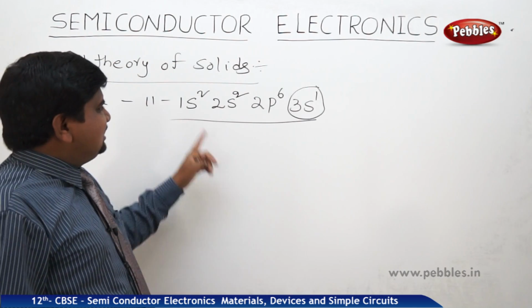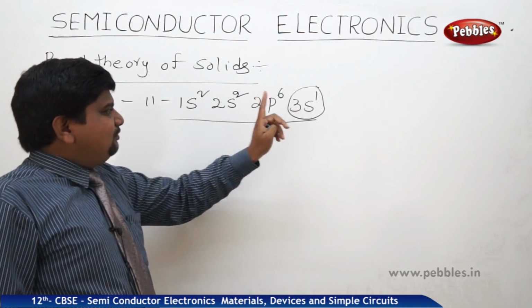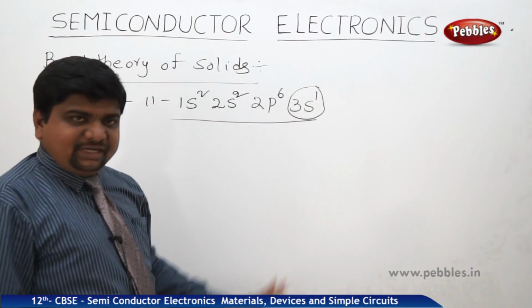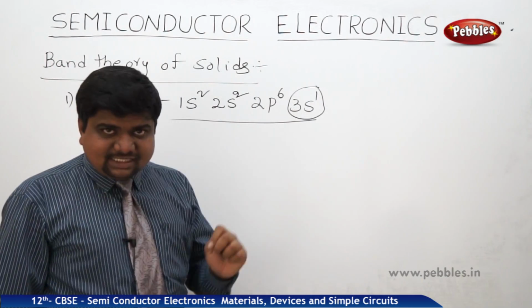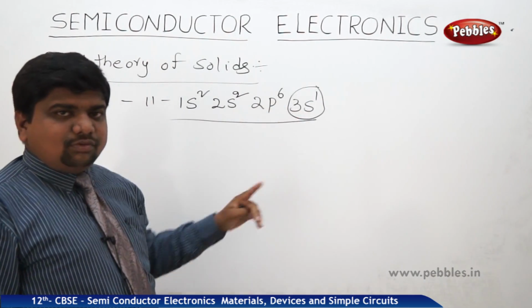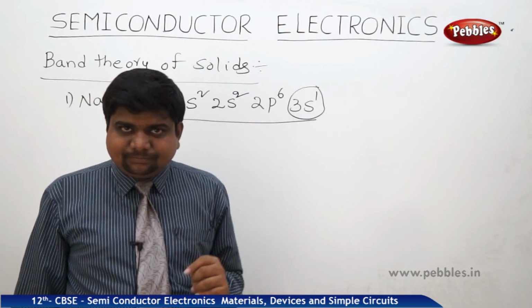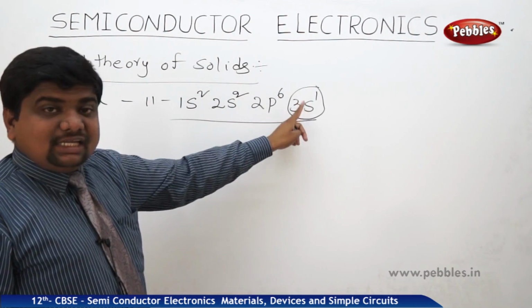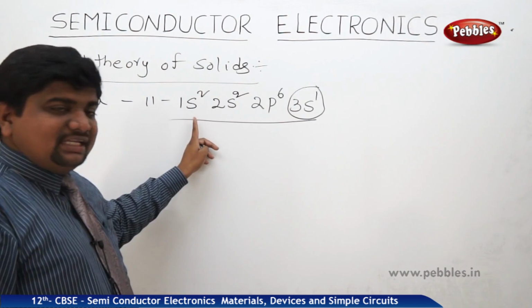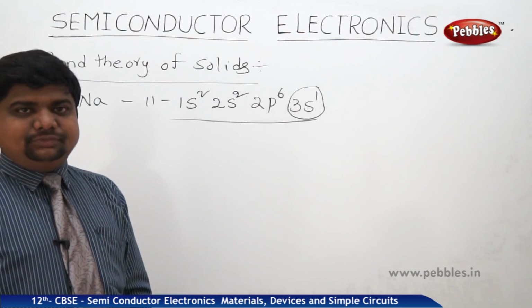So what are the energy states? 1, 2, 3, 4. So the fourth orbit is named 3s, and at that 3s only one electron is present. This electron is loosely bound with the nucleus of the sodium atom.